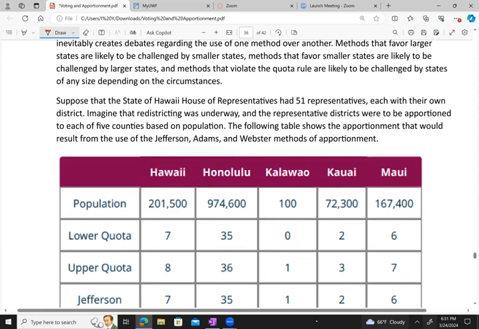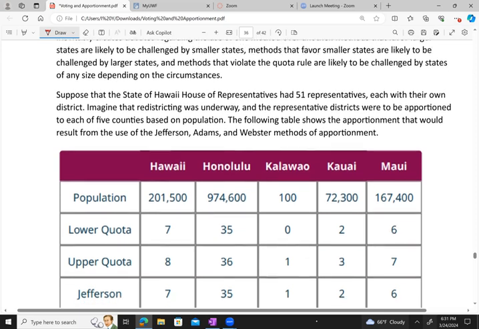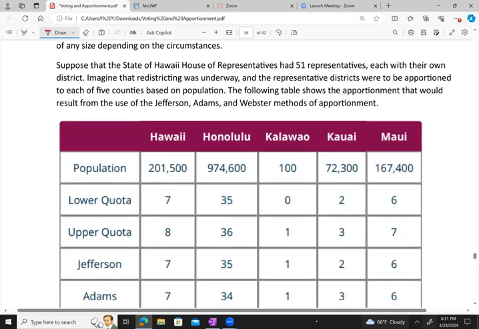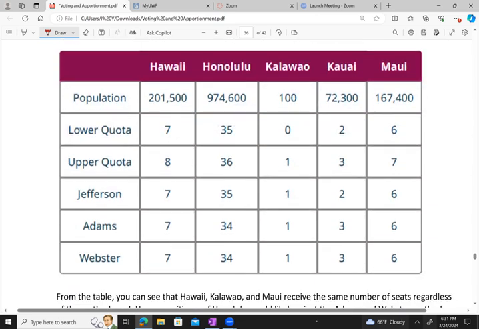So looking at the state of Hawaii House of Representatives, it has 51 representatives, each with their own district. Imagine that redistricting was underway and the representative districts were to be apportioned to each of the 5 counties based on population. This table shows the apportionment that would result from the use of Jefferson, Adams, Webster methods of apportionment.